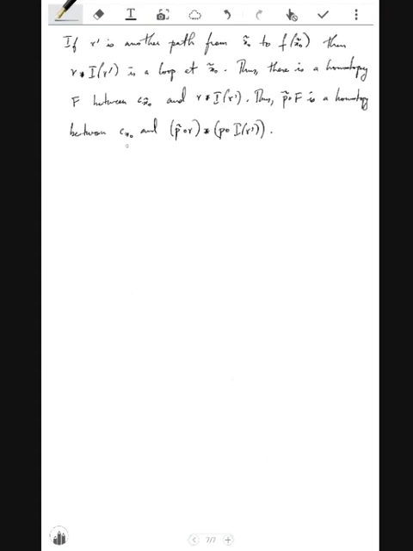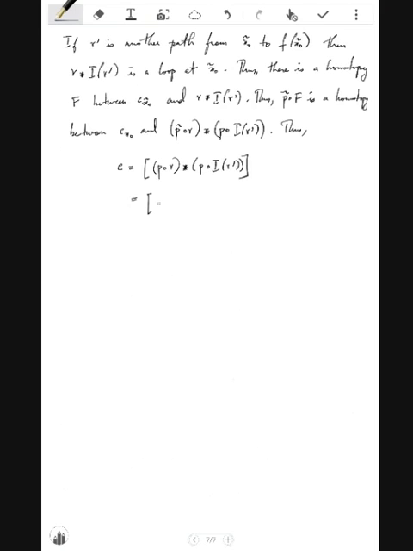Now the C x naught represents the identity element in the fundamental group. Thus, the identity is equal to the homotopy class of p composed with gamma star p composed with the inverse of gamma prime.